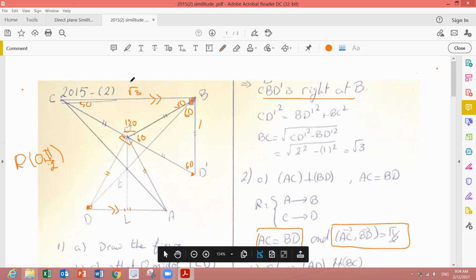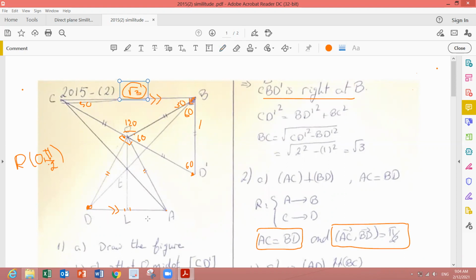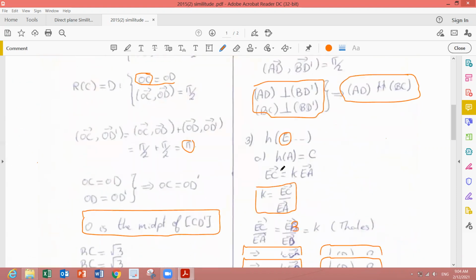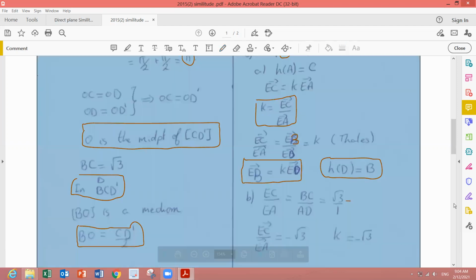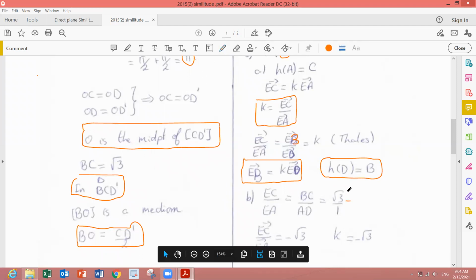That is the length of BC, radical 3. The AD, how long is it? 1, because we said it is an equilateral triangle of side 1. So here EC over EA equals BC over AD equals radical 3 over 1 equals radical 3.